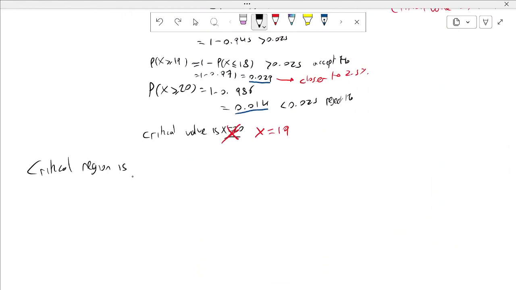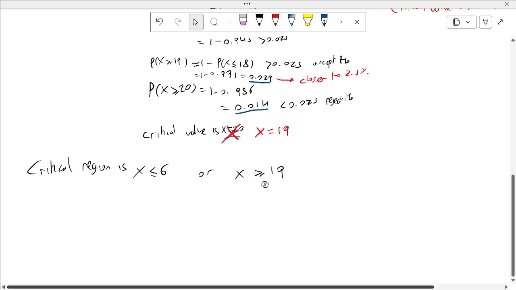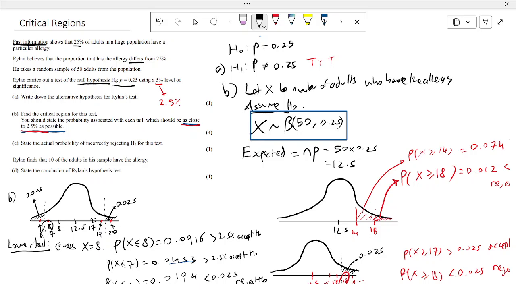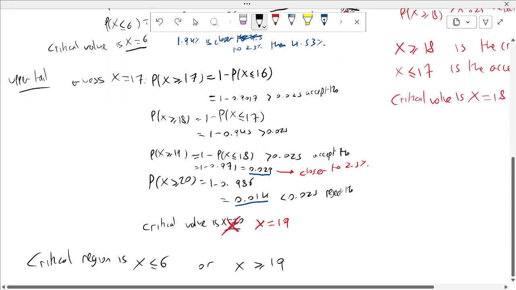So x can be less than or equal to 6, or x can be greater than or equal to 19. There's my critical region. And the acceptance region, if you're interested, would be between 7 and 18. Okay, so x is greater than or equal to 7, less than or equal to 18 would be the acceptance region. But we've got to find a critical region.